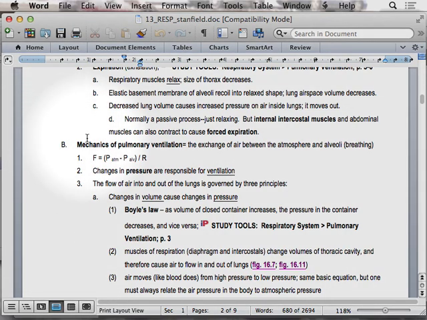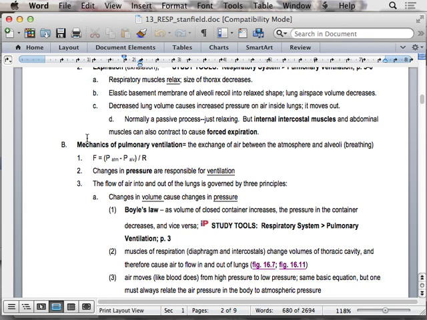And so you're going to have a really similar equation to the one that we looked at with blood flow. Remember, blood flow was F equals delta P over R, right? Okay. Flow of air moves from high pressure to low pressure. It's also delta P over R, but the delta P is always with reference to atmospheric pressure, which is relatively constant. So it's comparing atmospheric to alveolar pressure. Is that okay?